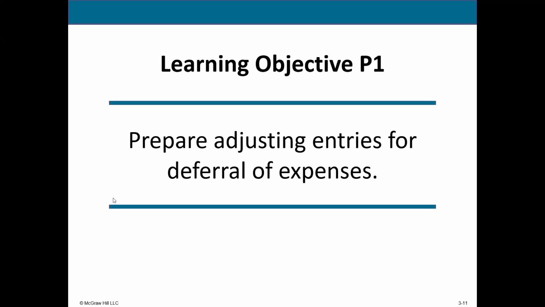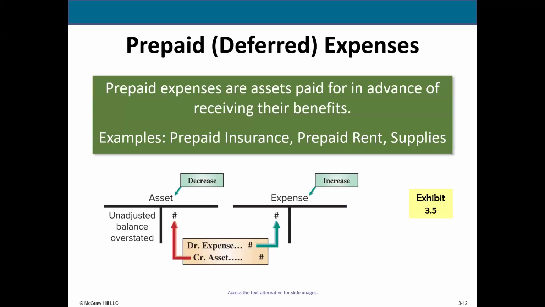So first, let's take a look at those deferred expenses. As I'd mentioned, my favorite is prepaid insurance. In this example we could also use prepaid rent or supplies. Some businesses prepay their rent for a full year, based off of an agreement with the landlord. That's totally normal.